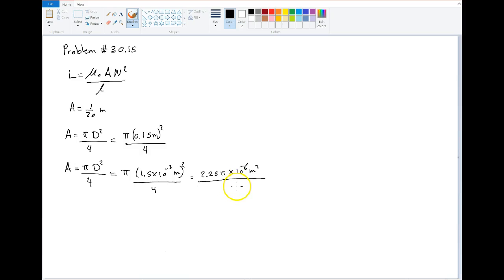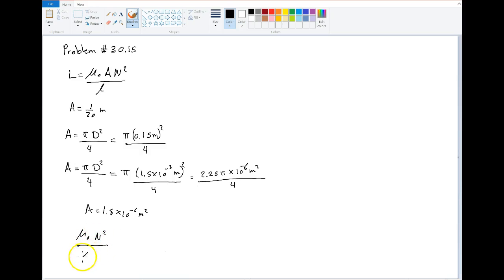What was the number of turns again? What was it, 50 turns? Okay, so this is going to be 4 pi times 10 to the minus 7 Tesla meters per amp. We'll multiply that by A, which we just calculated, 1.8 times 10 to the minus 6 meters squared.